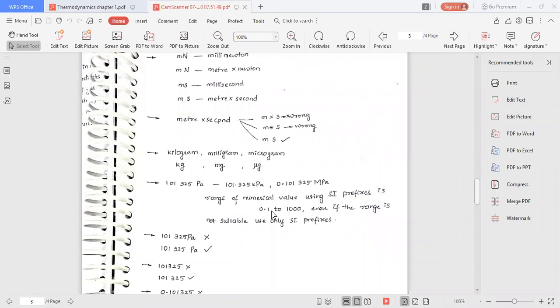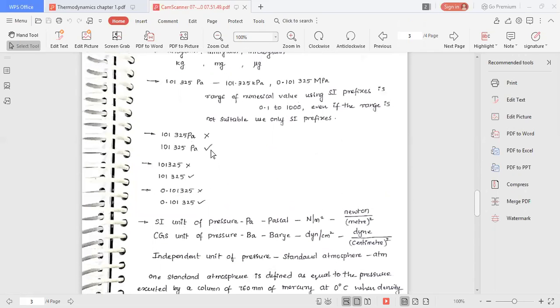So this is greater than 0.1, so we are converting in a decimal form. That means our conversion is correct. Even if this is less than 0.1 and it is mandatory to use mega, then you can use. But standard is 0.1 to 1000. Okay. Next, here you can see 101.325. I have used a space and the pascal symbol.